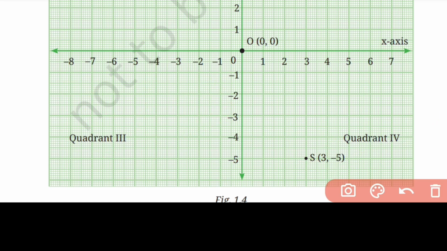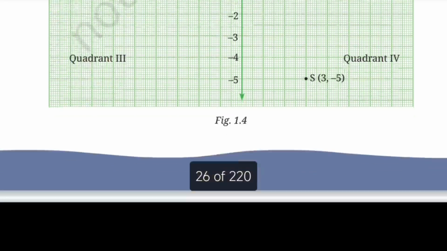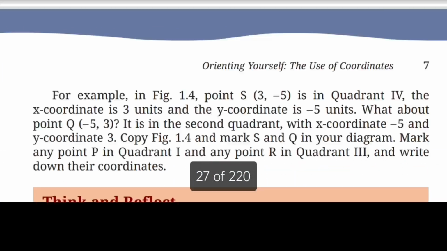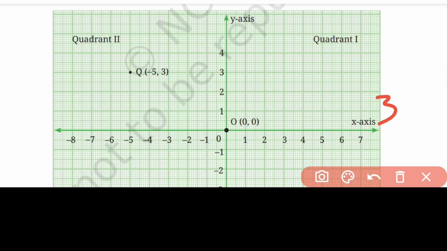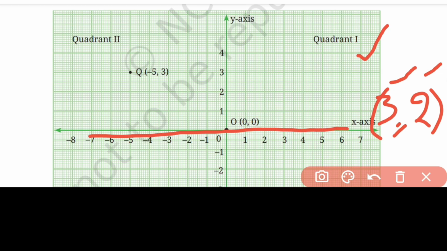Now how to represent a point (3, 2)? How to represent this in the xy plane? So here x value is 3, y value is 2. Both are positive, therefore it is in quadrant 1. So x value is 3. On this x-axis, where is 3?